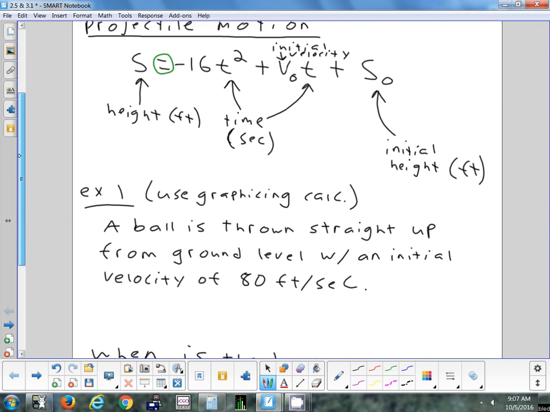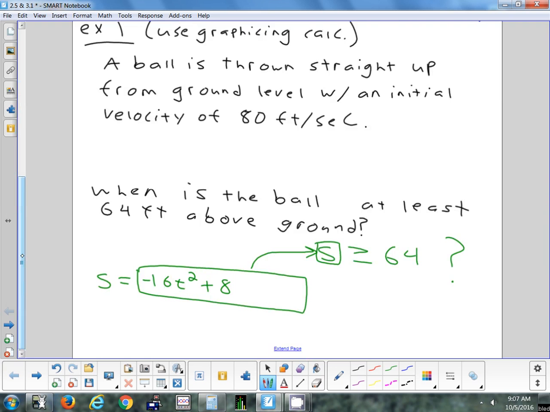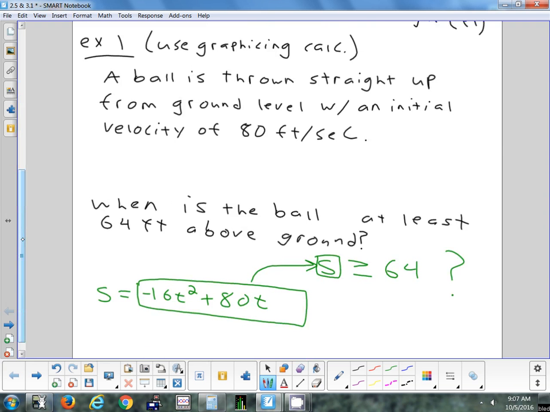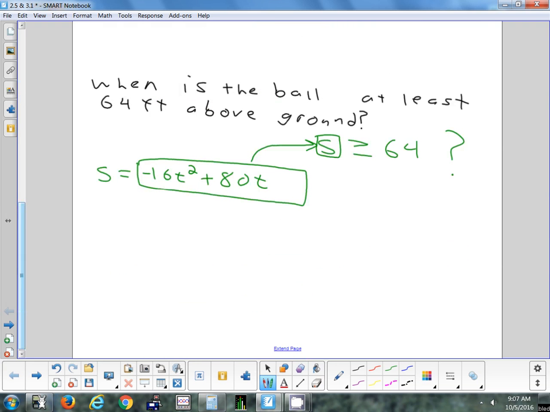So I'm going to fill in 80 for the initial velocity, plus S sub 0, which is my initial height. What's my initial height in this problem? 0. Ground level. So now that's how I represent my height. I'm going to plug that into my formula and find out when the height is above or equal to 64 feet. Let's write that out, and then we'll solve it.